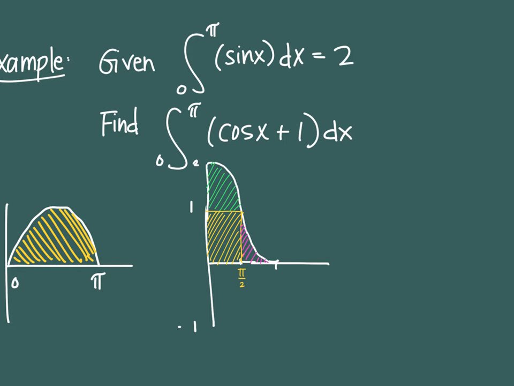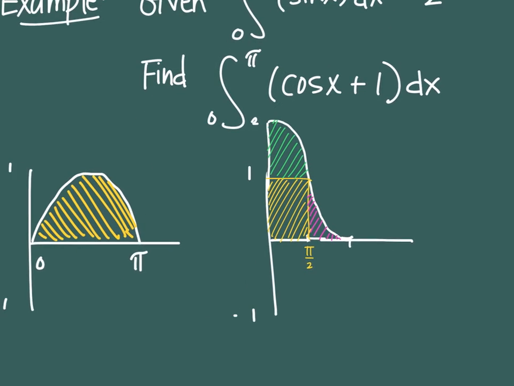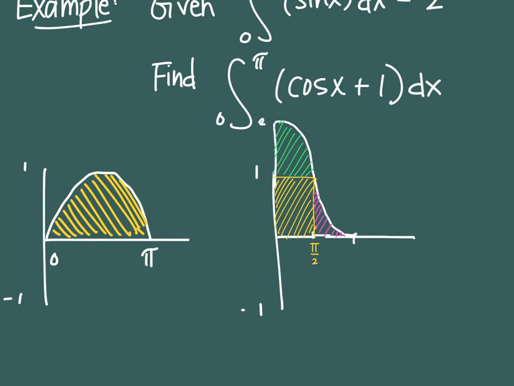Okay, let's look at the green shape. Compared to the original graph, where have I seen the green shape before? Half of it, right? If I took my sine graph and I did half of it, those 2 shapes are exactly the same.